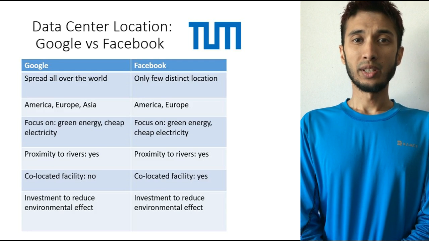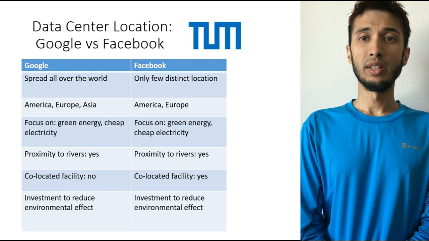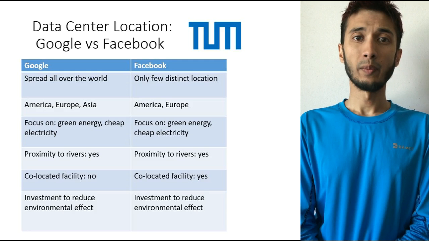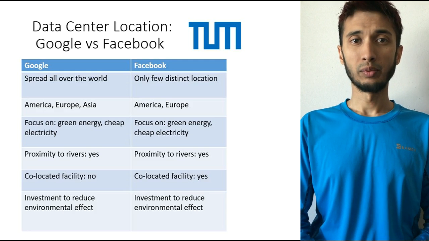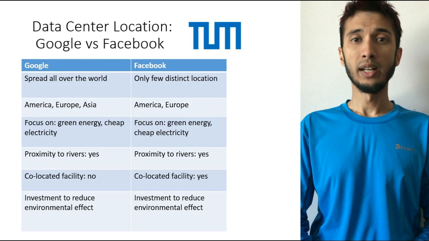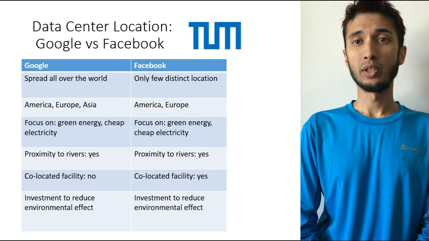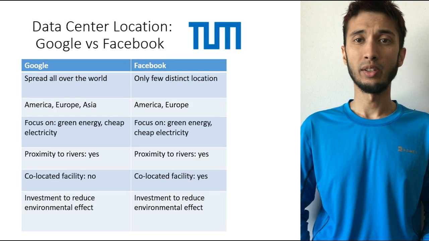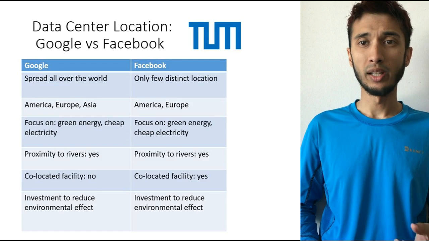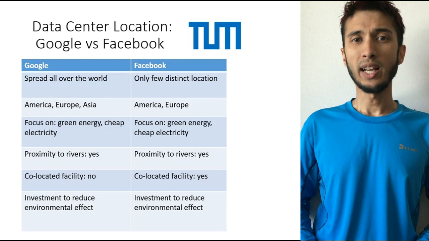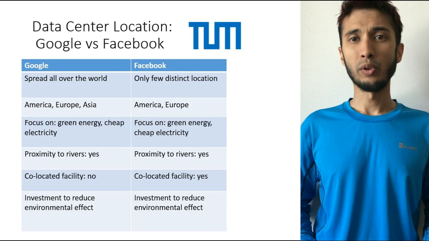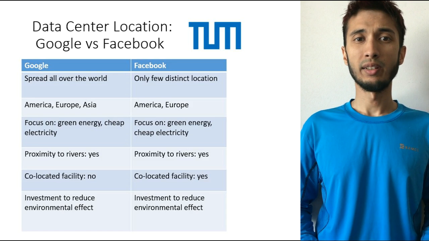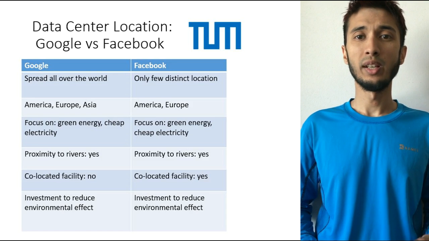The climate condition of any given location determines exactly what the cooling technologies are. Hence, companies must choose locations which will serve the needs of the data centers with minimal environmental impact.